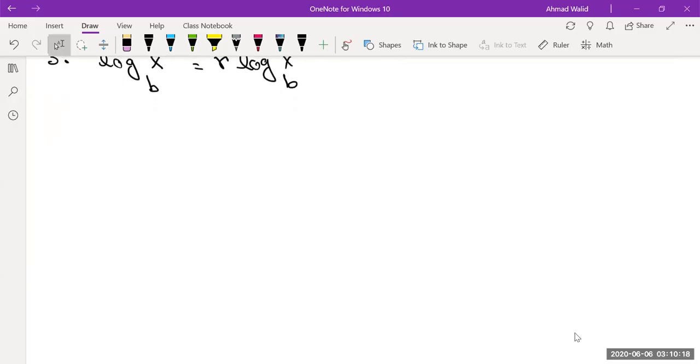Rule number 4, because sometimes you need to use these also. Log of 1 base b always gives you 0. The reason why log of 1 base b is 0 is because b to the power of 0 is equal to 1, right?